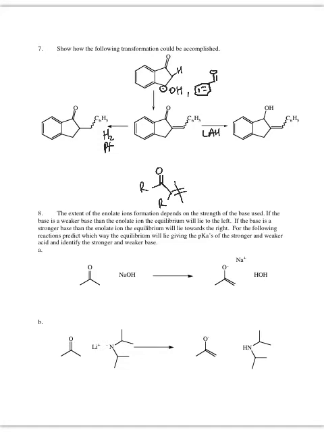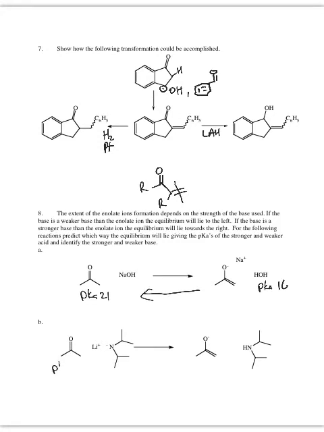And then at the bottom of the page, we have hydroxide, whose conjugate acid, water, has a pKa of 16, and the ketone has a pKa of 21. So the equilibrium in this reaction is going to lie towards starting material pretty strongly.